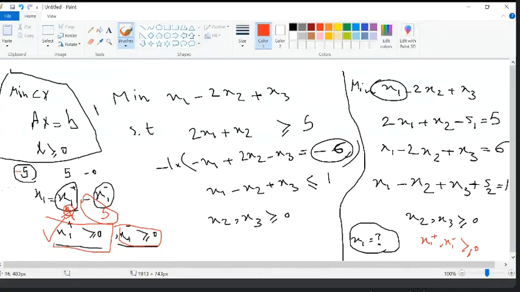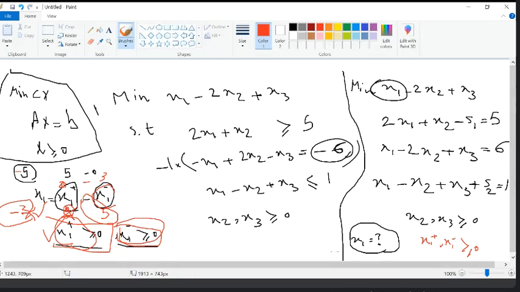For example, x1 is -3: x1 plus is 0, x1 minus is 3, and we have 0 minus 3. But x1 plus is greater than or equal to 0, x1 minus is greater than or equal to 0. Do you understand this? Yes, yes. Okay.